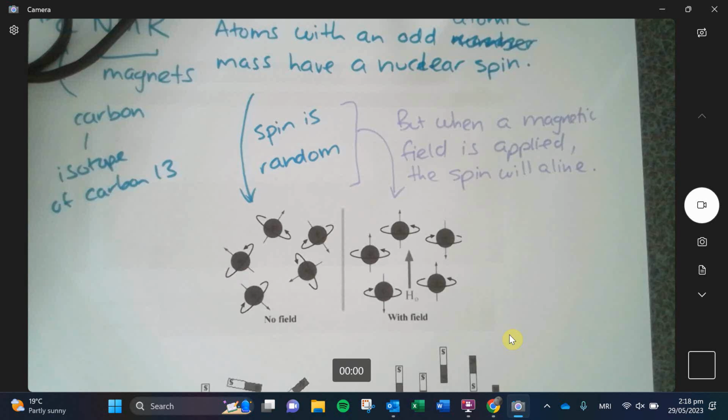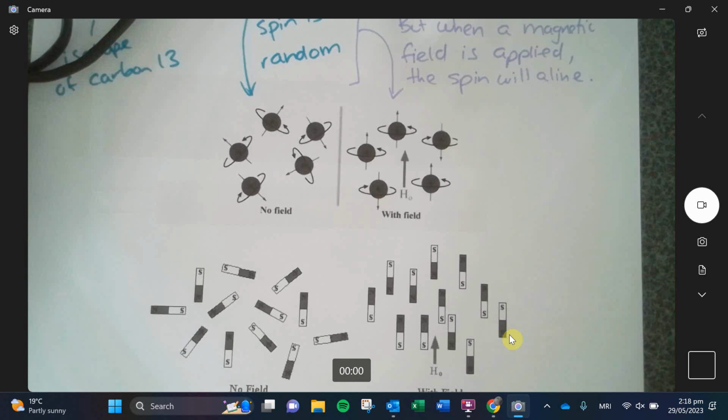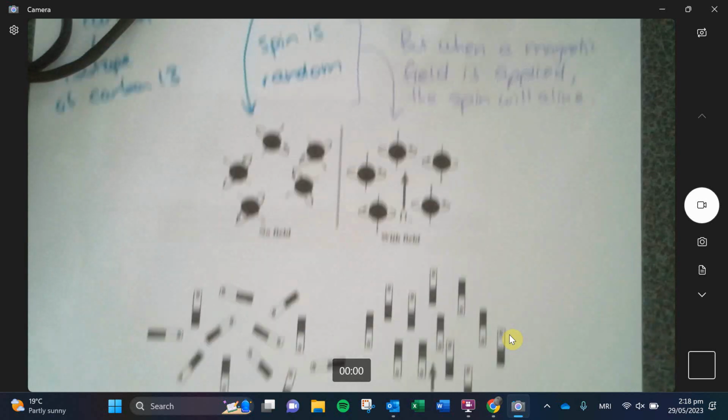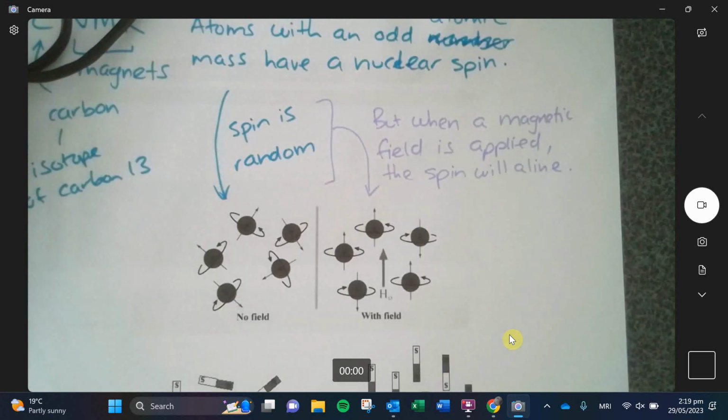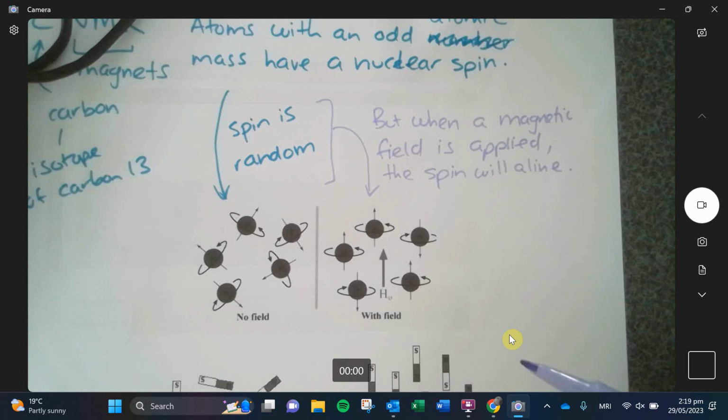It's like when you know how you have a compass and you can make it move around with a magnet nearby. Otherwise, it'll just align with the Earth's magnetic field. It's kind of like a similar thing. These guys will spin around randomly, and when I apply a magnetic field, I can get them all going in the same direction. So when I have a magnetic field, I can force my atoms, that nuclei, to spin in the same direction. They align.